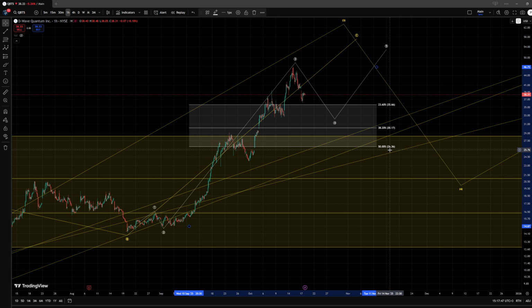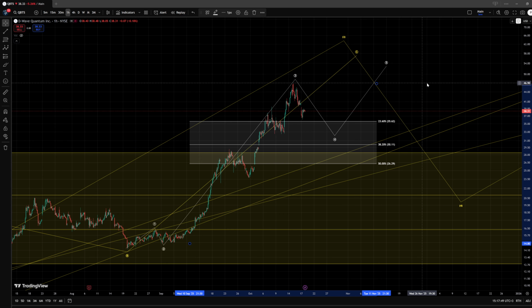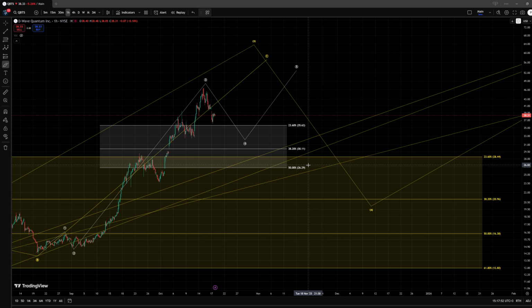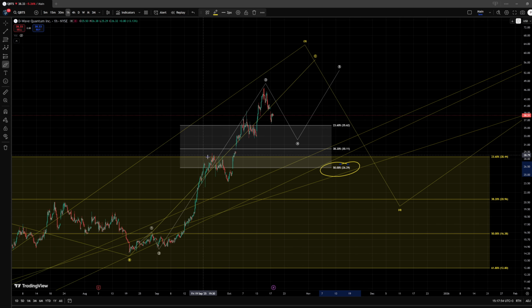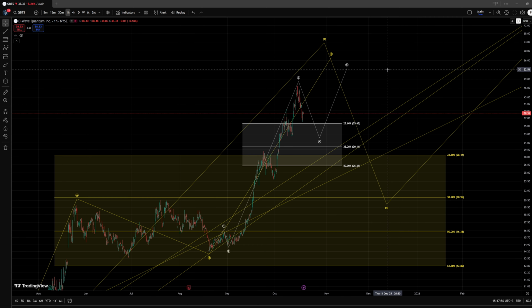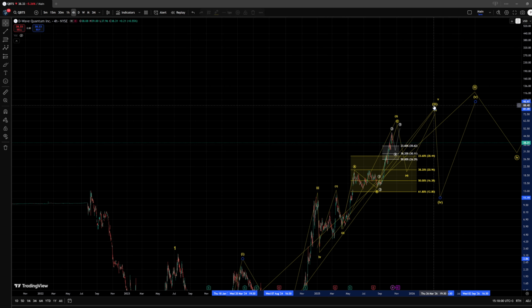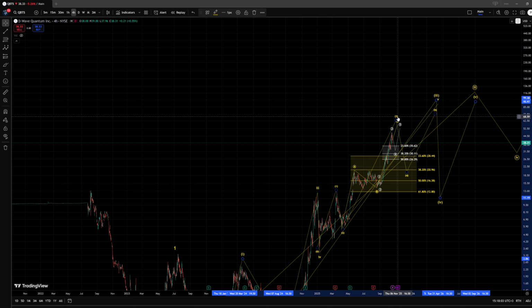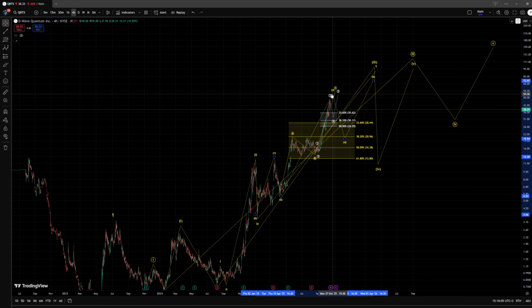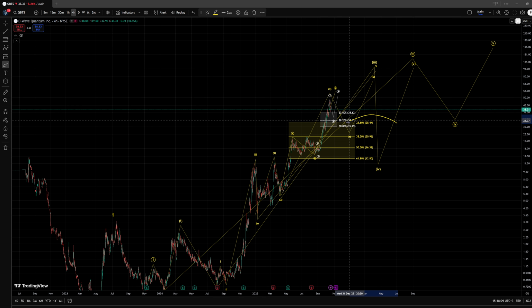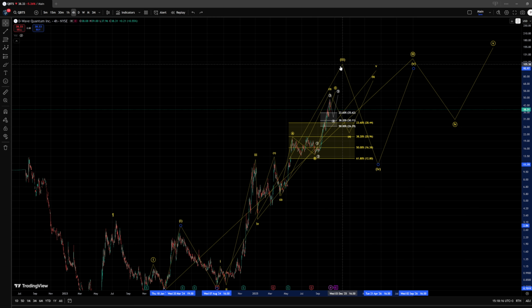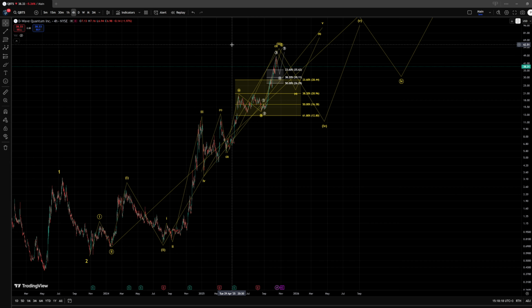This is the general area of support, and as I was mentioning, if we break in this case the 50% retracement, it's not necessarily bearish. It's not a signal that we have an extremely major top, that we topped here within this wave 3. It's just a local top, in my opinion, within this wave 3 in yellow, and we would be heading to a much deeper support zone for the yellow scenario, but still closer than what we would have for the general area of support if we actually topped here in a wave 3.